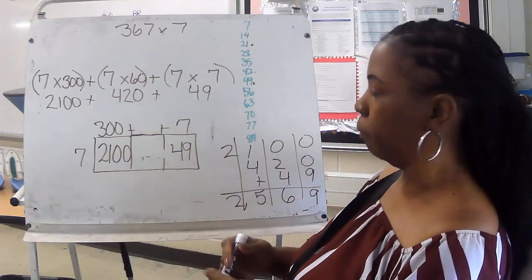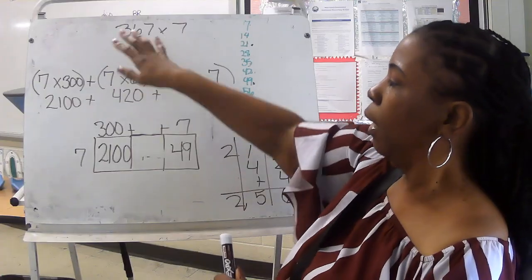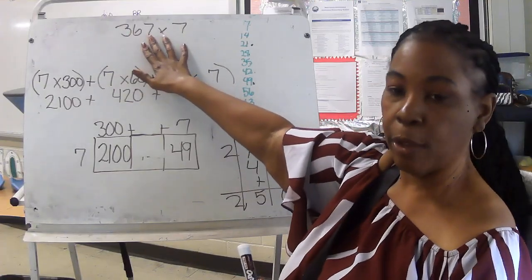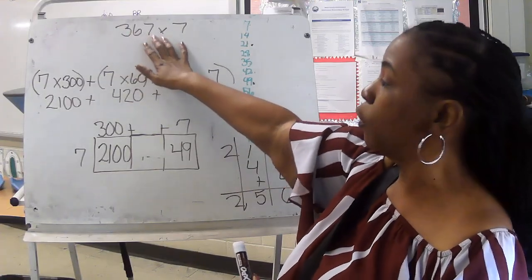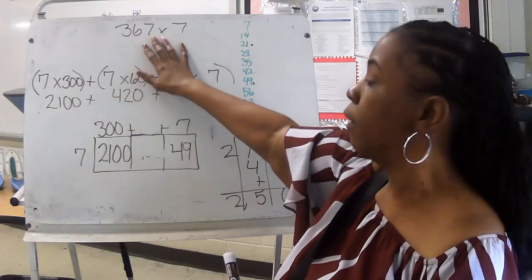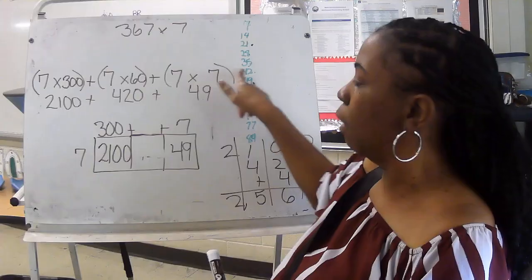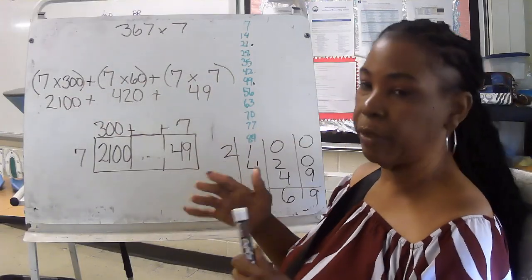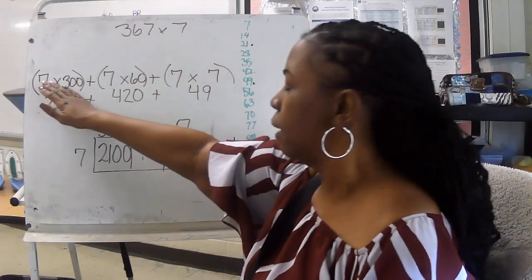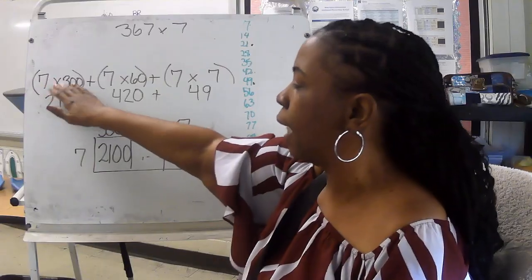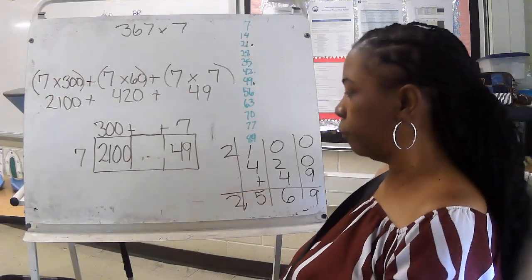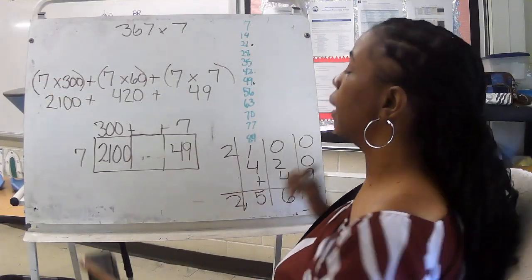Same thing with distributive property. They'll give this and they'll say which equation is equivalent to 367 times 7. So they'll have it this way. They'll have plus all over. They have multiplication all over with different things. So they have to know that is the number they're multiplying times each value of it. Okay? So it is necessary.